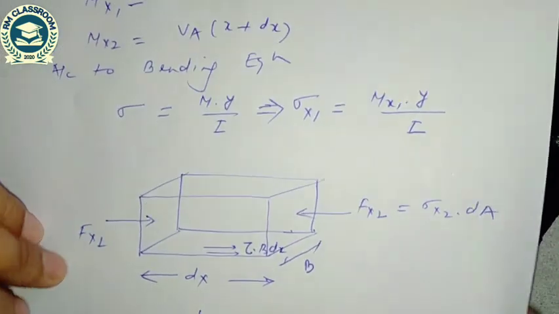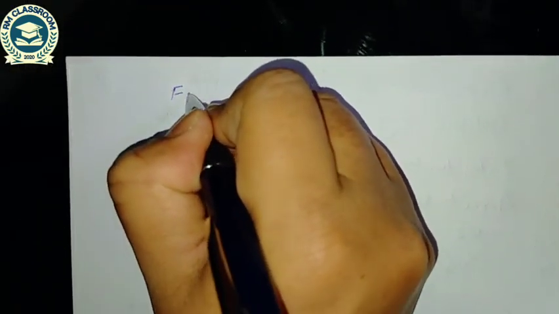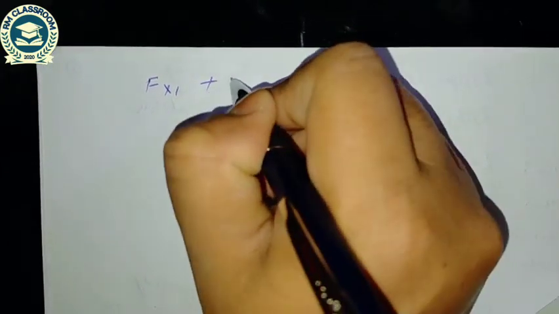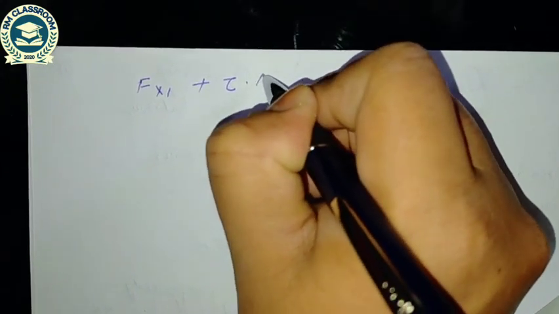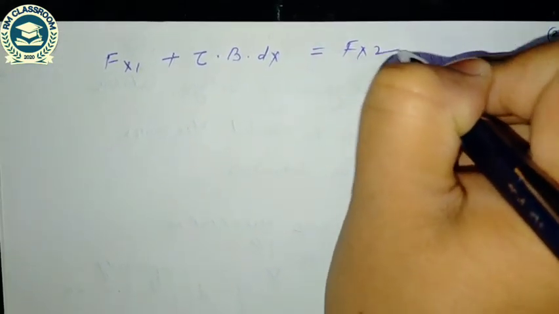So summation of forces in the x direction: Fx1 plus shear force tau into b into dx is equal to Fx2.